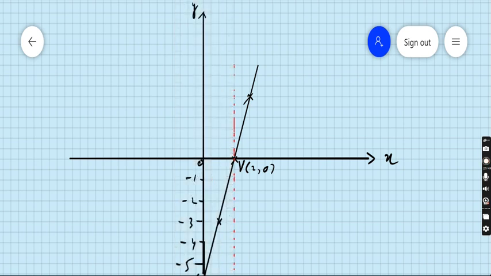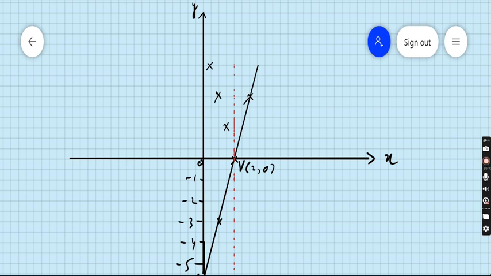Now reflect all the points. Like this is 1, 2, 3 squares apart. 1, 2, 3 squares apart. 1, 2, 3. This is first point. 1, 2, 1, 2. 1, 1.